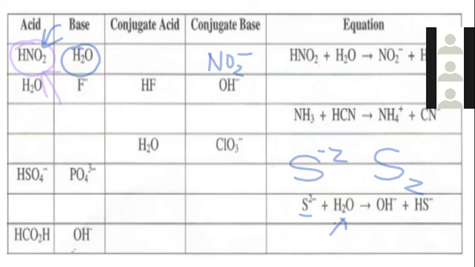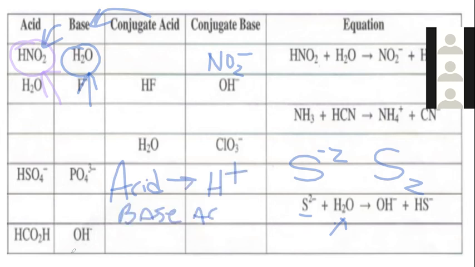Remember, the conjugate acid goes with the base, and the conjugate base goes with the acid. So the acid donates a proton and the base accepts it.